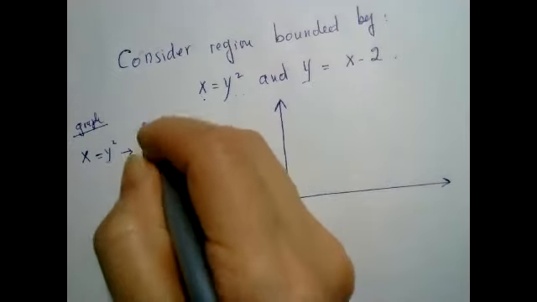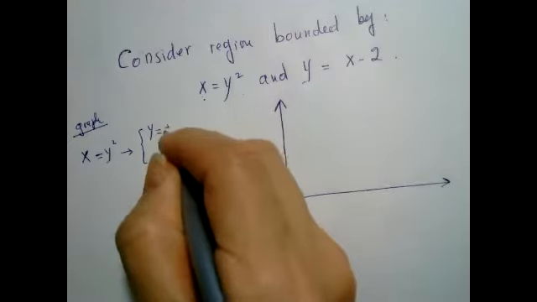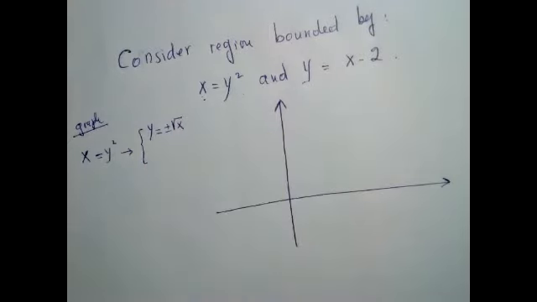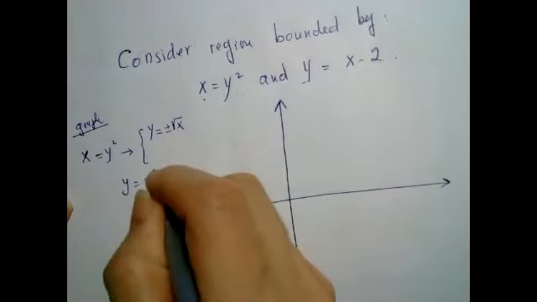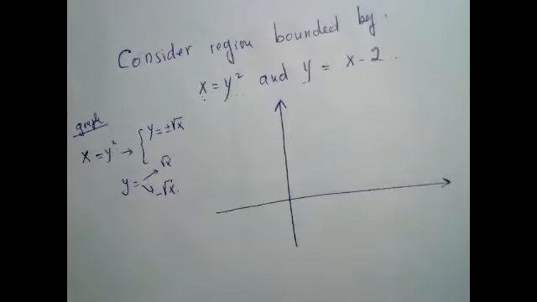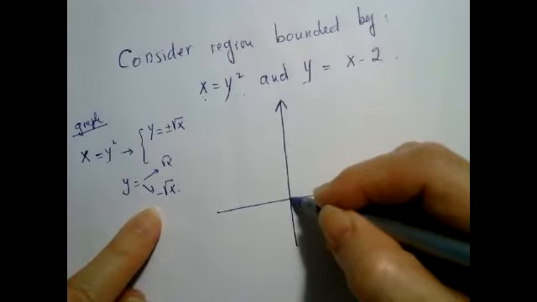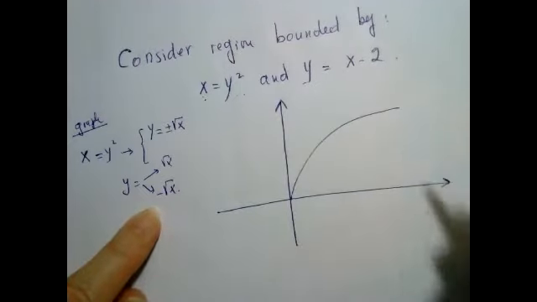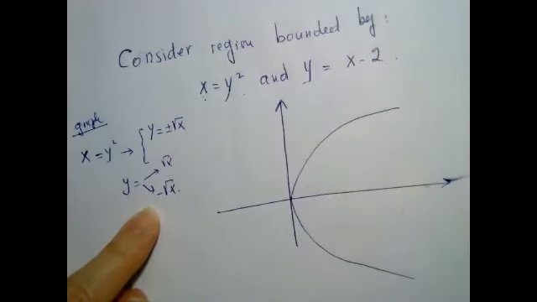If I solve, this is going to give me y equal plus or minus the square root of x. So either y is root x, or y is minus root x. When I solve this, I'm going to have two branches: y equal root x and y equal minus root x.